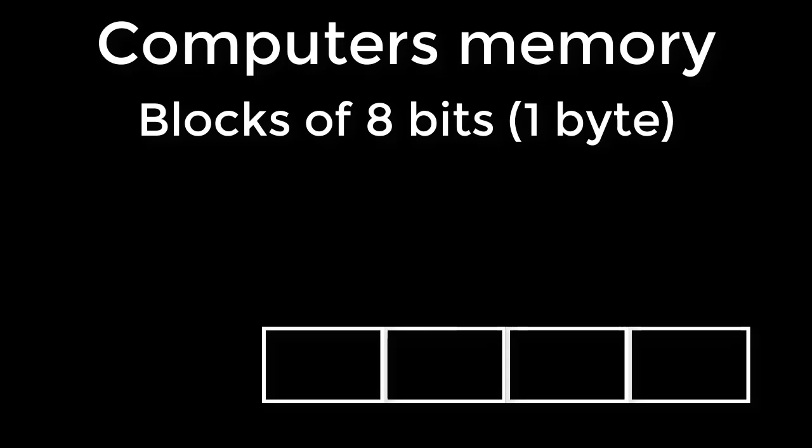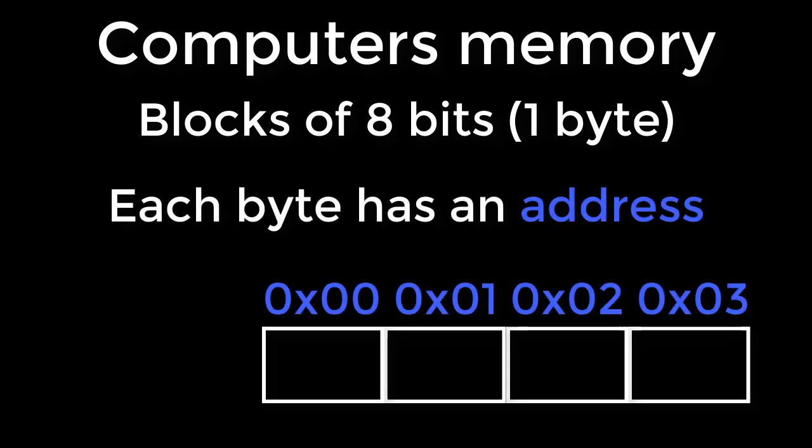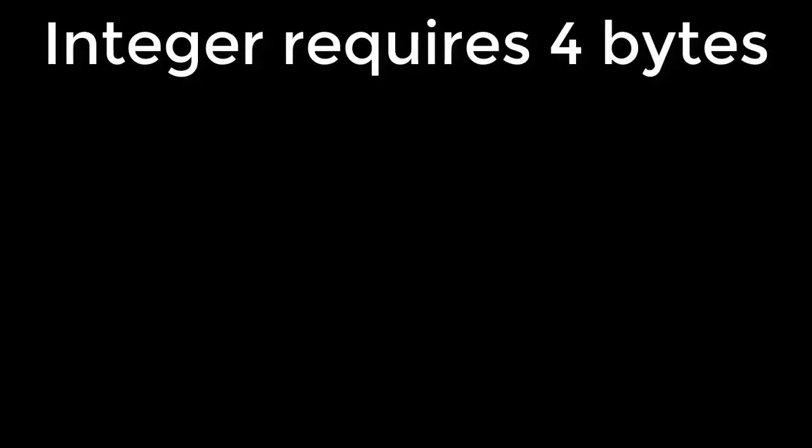And those are laid out one after another in memory. And remember, each block or each byte in memory has a special numbered address that refers to that byte or that 8 bits. So remember, an integer requires 4 bytes to store the total possible values.